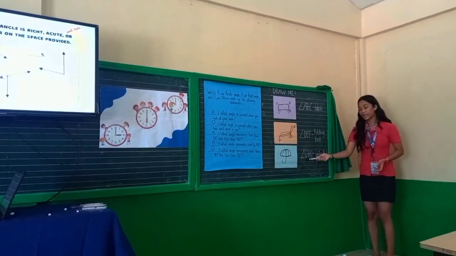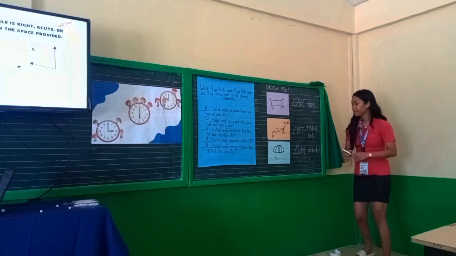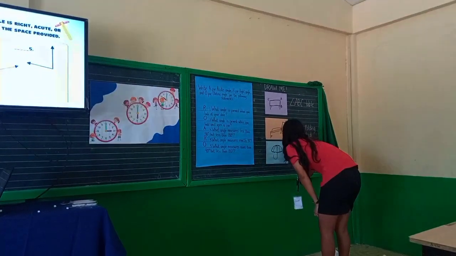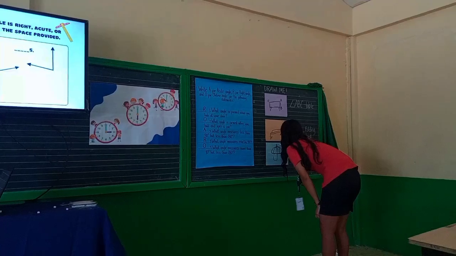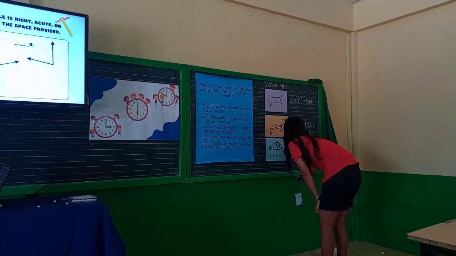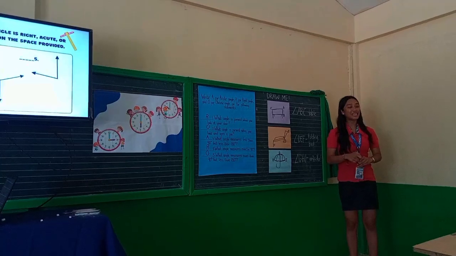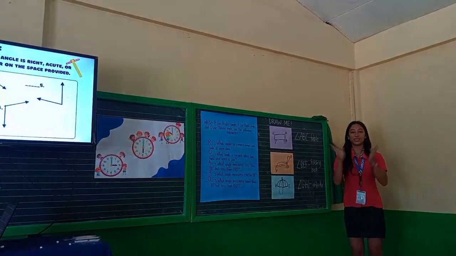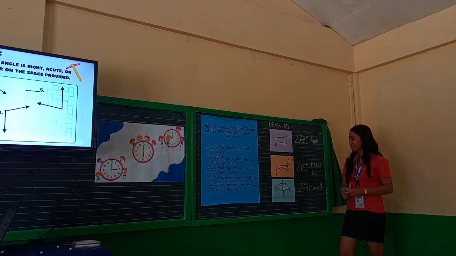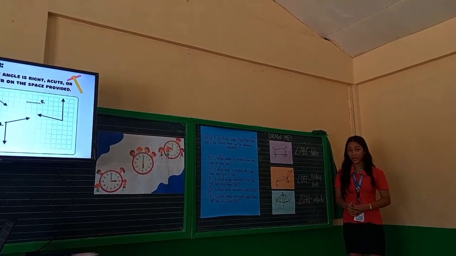We're going to name it angle GHI. Very good, everyone. Let us give them 5 claps also. 1, 2, 3, 4, 5. Alright. I guess you really understand our lesson for today.